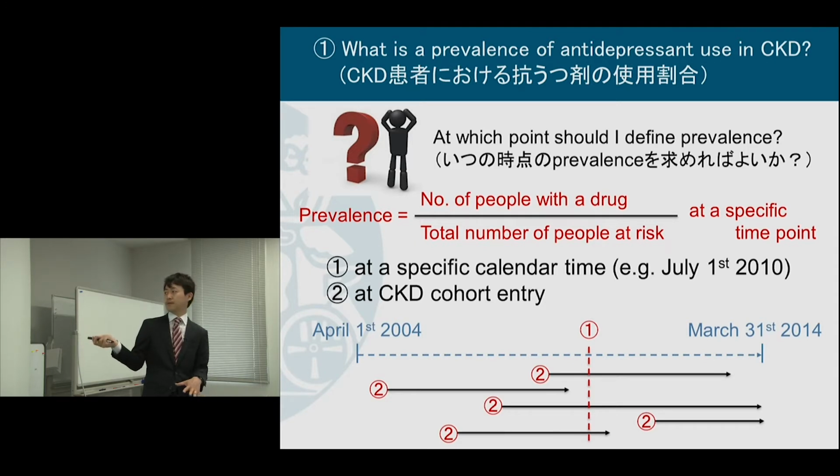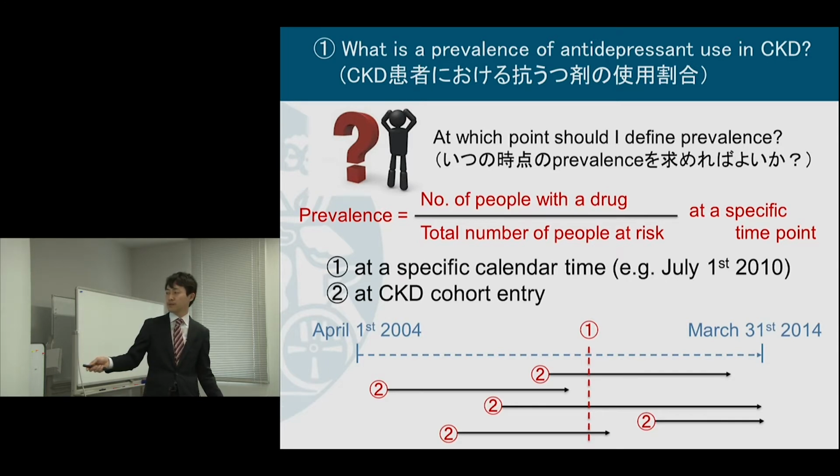But in a particular patient group like a CKD population or diabetes population or cancer patients, patients are identified as having a disease at different timing. So if you focus on one calendar time period, the number of patients included in the analysis is limited. So in this case, I decided to use the number two option.